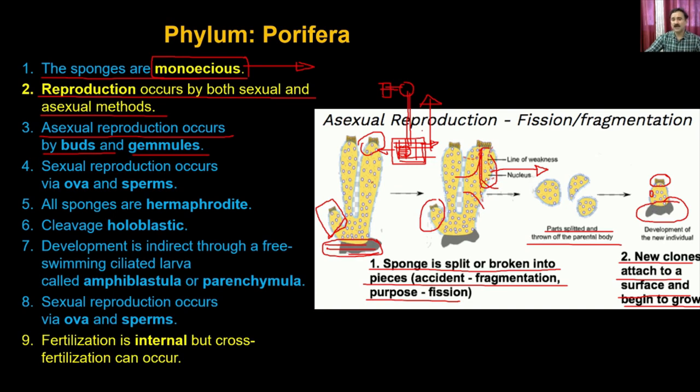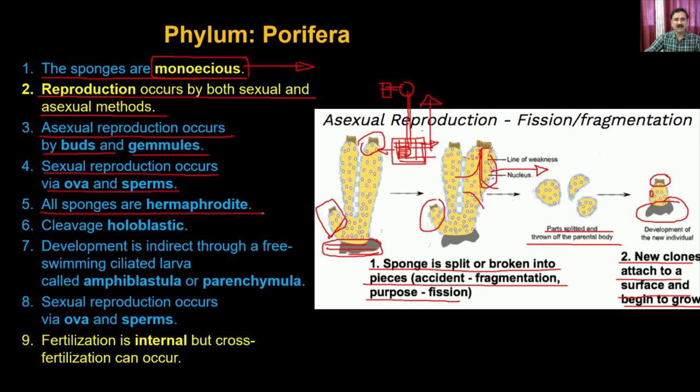I'm not talking about the synthetic sponges, but the natural sponges that many people use for bathing and other purposes. And because sponges have a very high power of regeneration.